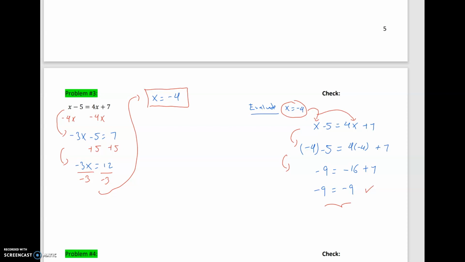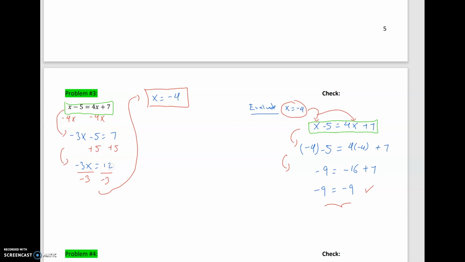Now, for these problems, you should plug into the original problem, and by the original problem, I'm referring to this step. If there is an error throughout here and you plug it into one of the error ones, you may miss the error. So you always want to solve the equations, then plug in the potential solution.